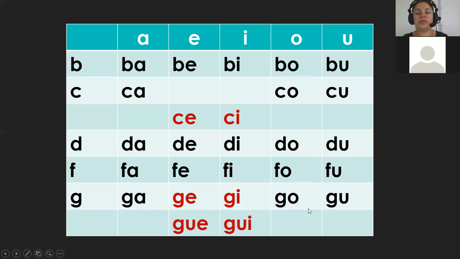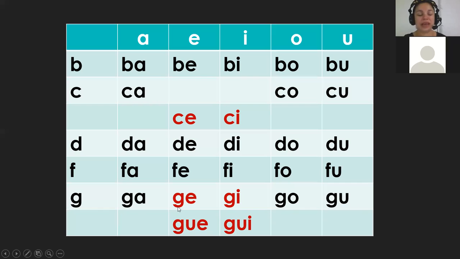The G with O, go, and the G with U, gu. So how does it go? Ga, he, he, go, gu.